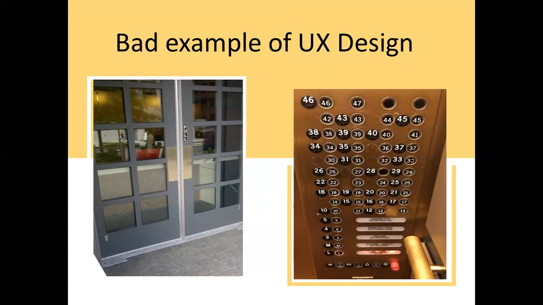And in the second picture, you can see that the numbers of an elevator are in complete disarray. So it really gives the target customers really bad feedback, because as you can see, it is in complete disarray. The numbers of what floor you're going to.